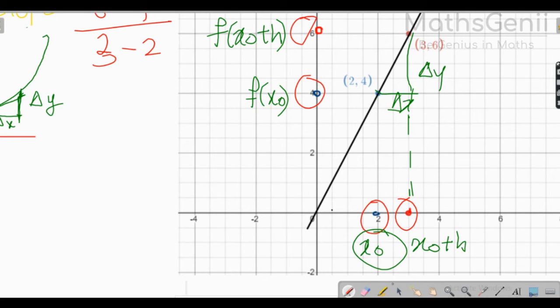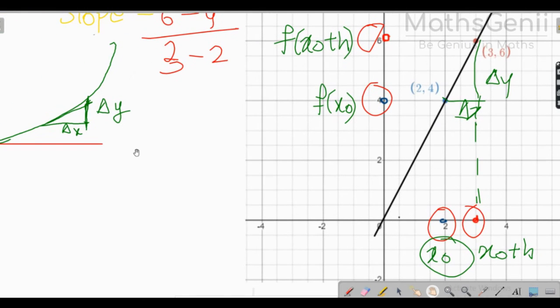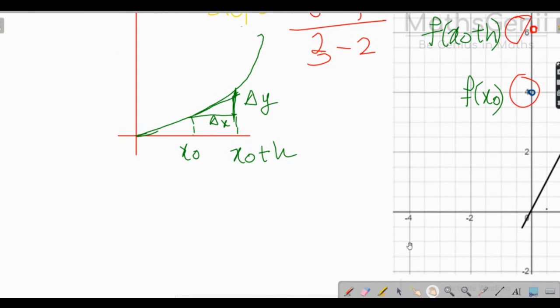Okay, I'm copying the same notations for the curve. I'm drawing a dotted line here. This is x naught. This is x naught plus h. And if this is x naught, this is f of x naught. If this is x naught plus h, this is f of x naught plus h.